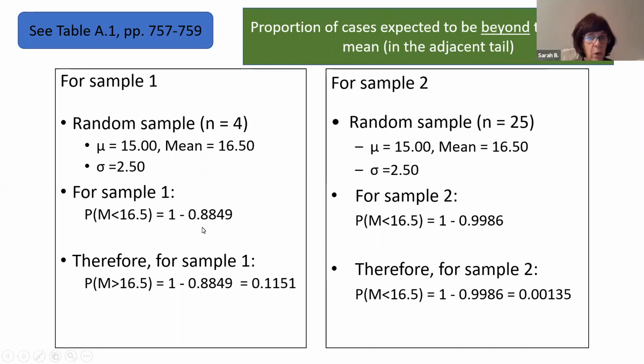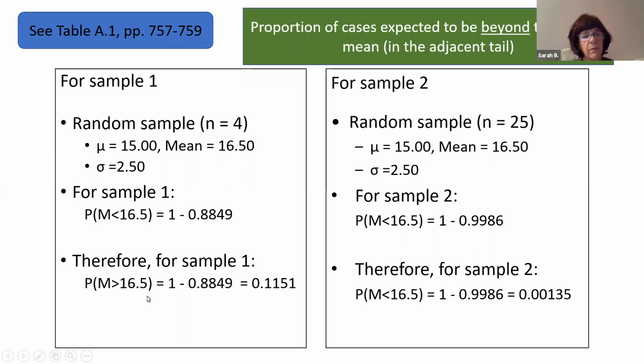We know that our proportion below this mean of 16.5, which is represented by a z value of 1.20, is 0.8849. We found that much earlier, in the last video. So we know the proportion below is 0.8849 from the table for the z of 1.20.